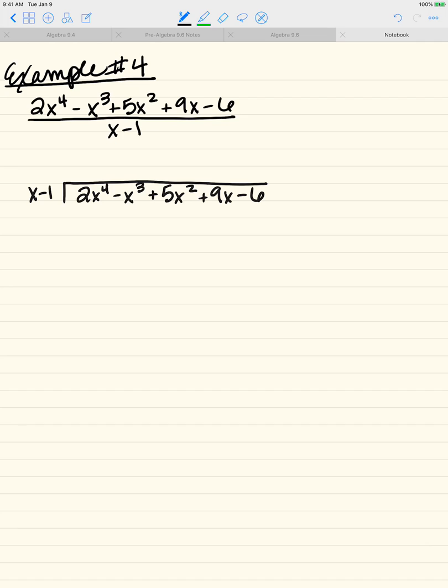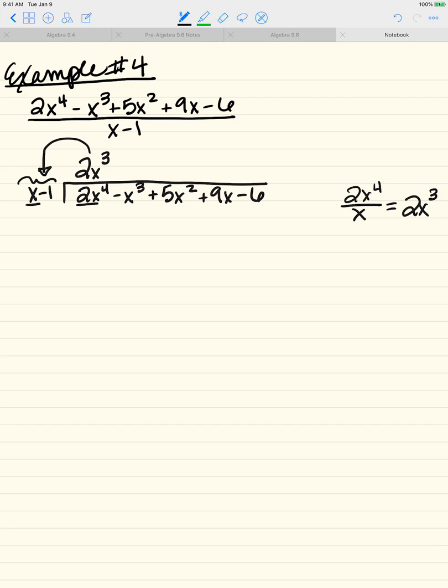Here we go. First term divided by the first term of our binomial. 2x to the 4th divided by x. 2x to the 4th over x is 2x cubed. Write that in your quotient and then multiply 2x cubed by everything here, x minus 1.